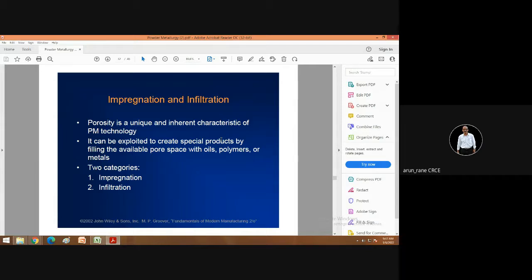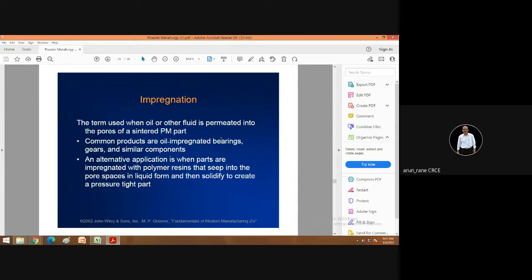Impregnation and infiltration. Porosity is a unique and inherent characteristic. So in the small pores we fill oil, so it becomes self-lubricating, and that is what permeability is, the term used when oil or other fluid is entering into the pores of a sintered powder metallurgical part.